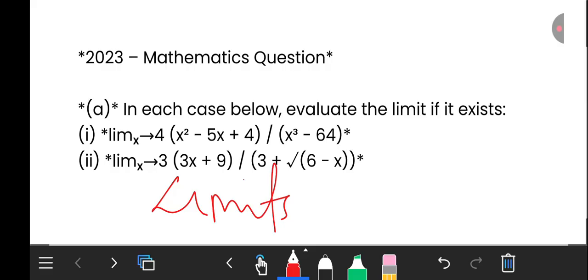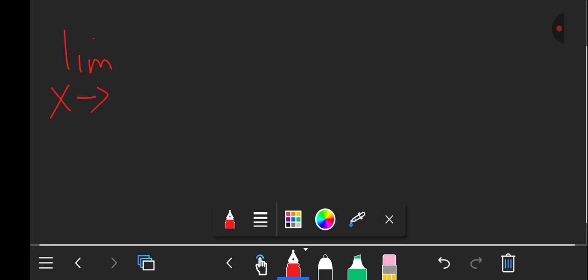Let's begin with the first question, which was evaluate the limit as x approaches 4 of x squared minus 5x plus 4, over x cubed minus 64.